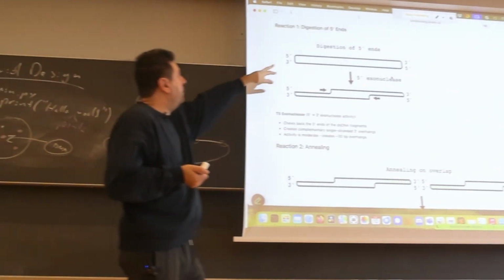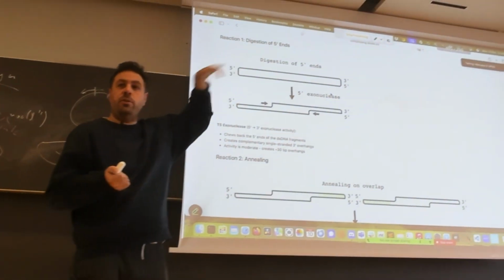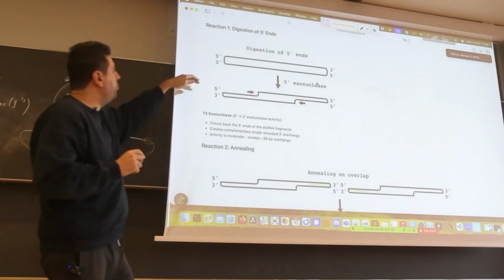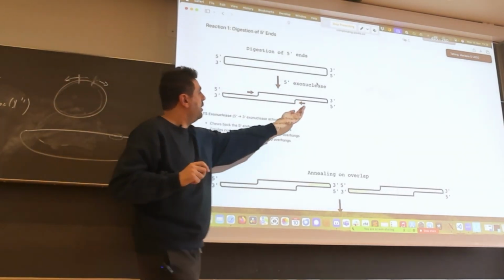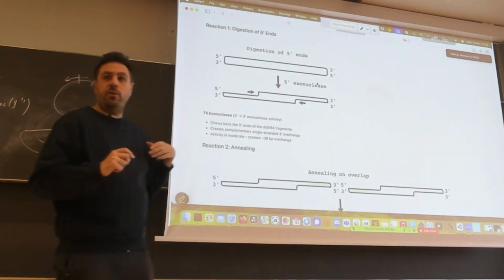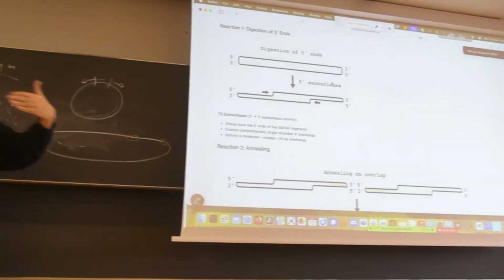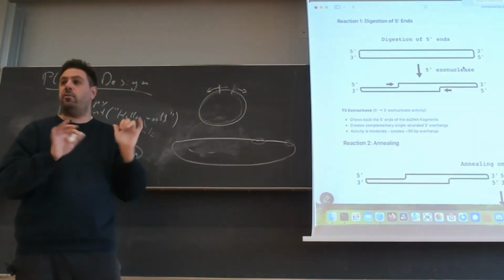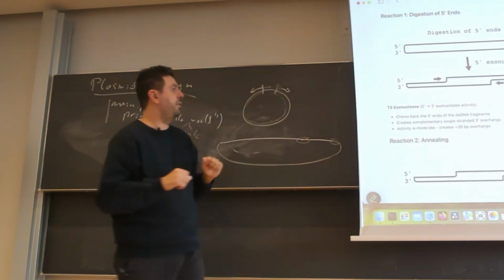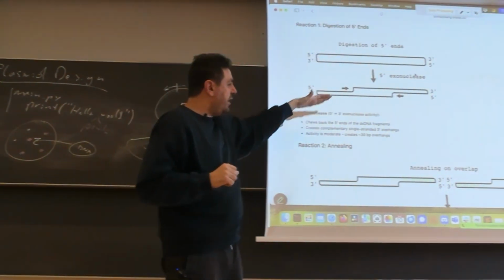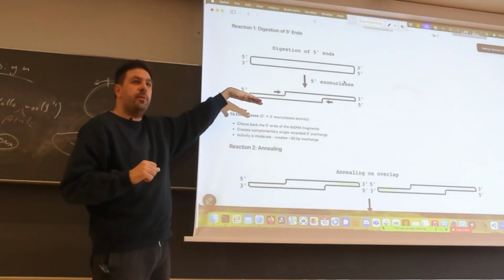So that's taking your linear fragment, which in your case will be the insert and the backbone, and it's chewing back from the 5' end bases. It's keeping this 3' end, it doesn't touch that, and it's chewing this back. So this results in so-called sticky ends or overhangs. So 3' overhangs.